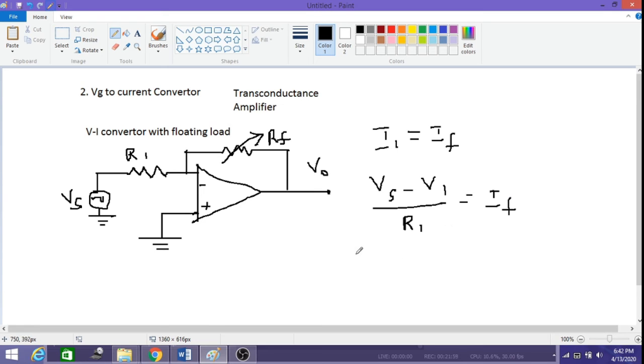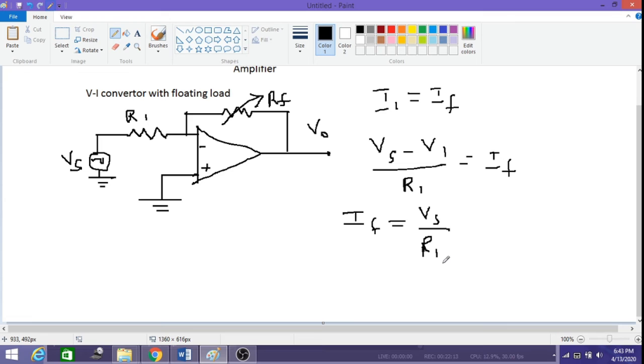Then the feedback current here is again equal to the load current if I connect a load resistor here, so this is just Vs by R1. So now this is the equation for our voltage to current converter.